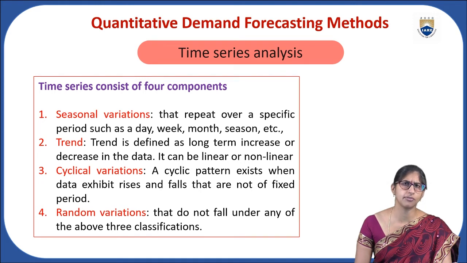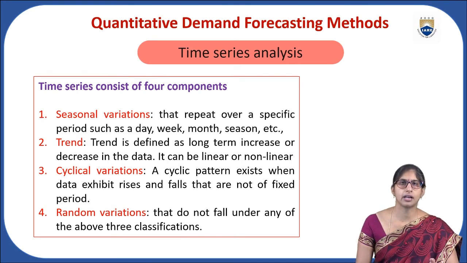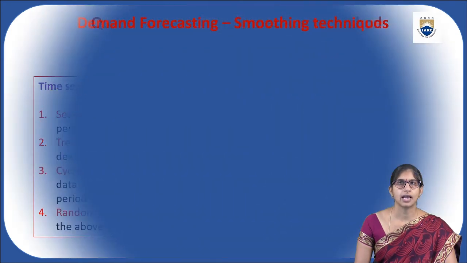There may be many factors that can cause closure of production. All these variations have to be studied, and the sum or the product of these variations creates the time series analysis.